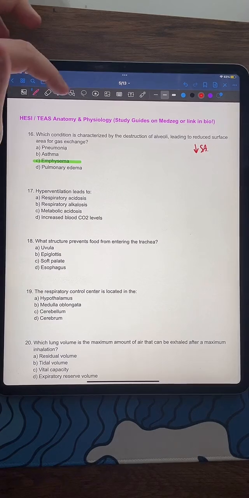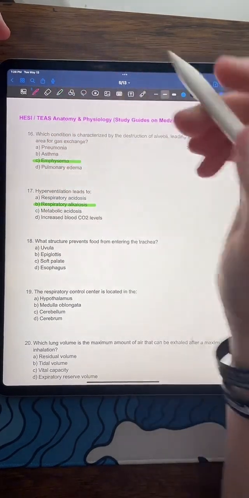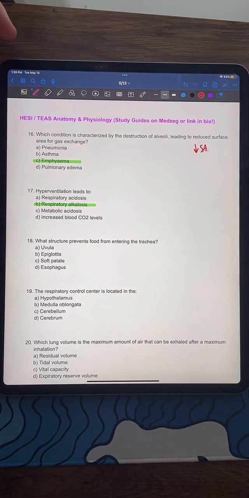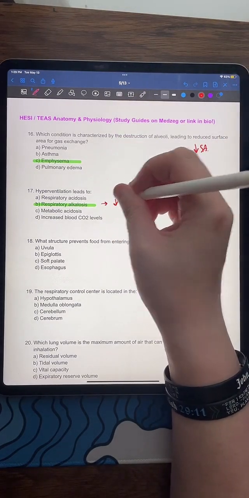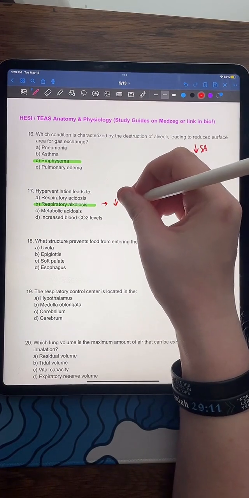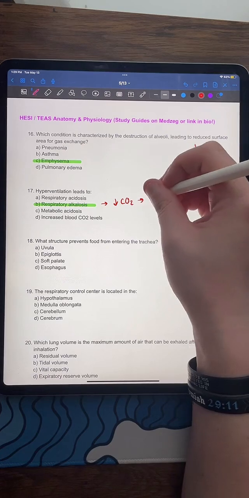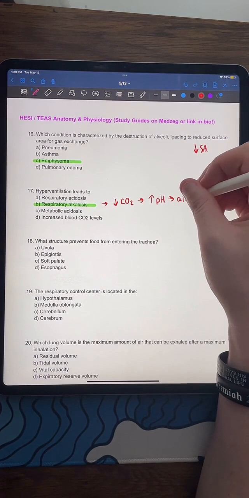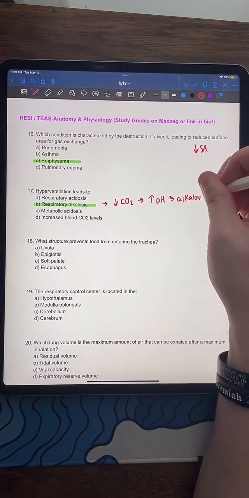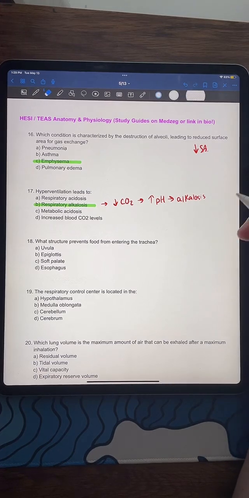All right, but it is B. Hyperventilation leads to respiratory alkalosis. Hyperventilation would cause excessive CO2 loss. So we would have a decrease in our CO2 levels, which would increase our pH, leading to alkalosis, because higher pH is more basic, alkaline is basic.